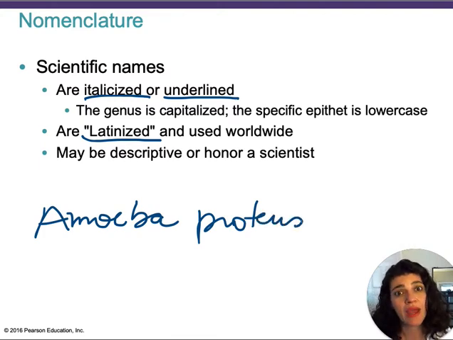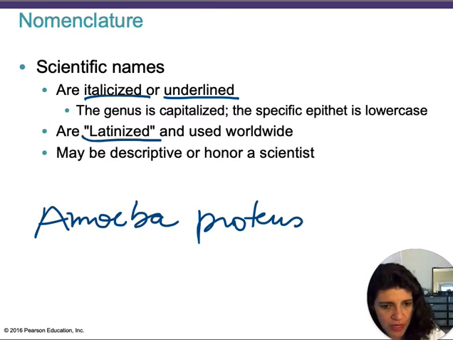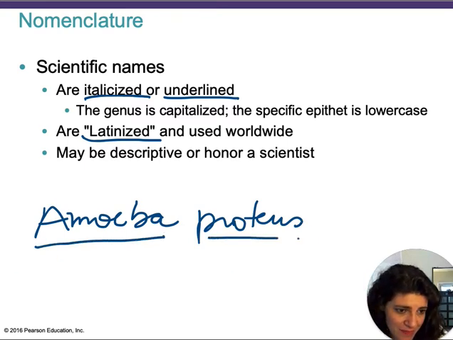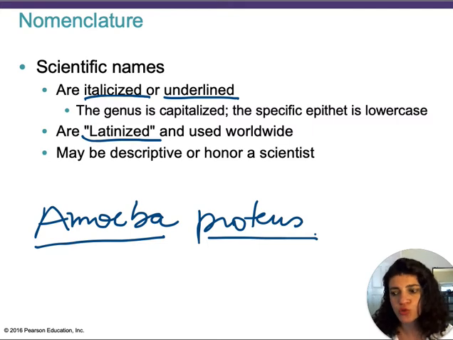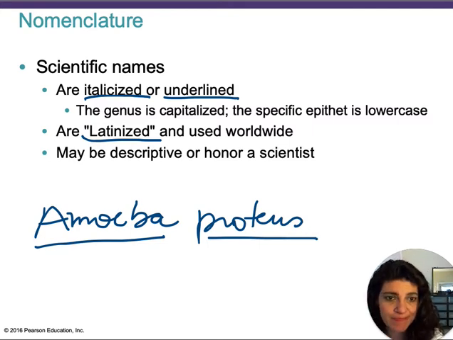And I'm handwriting, so how can I handwrite and italicize? Not possible, right? So what do I do? I underline it. What if I'm typing that name? Then I can underline or italicize. It's more usual to see it italicized, okay?